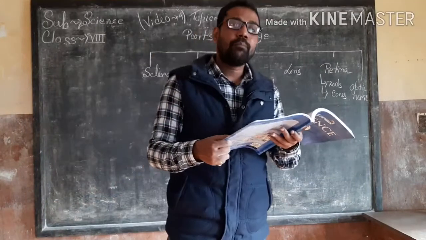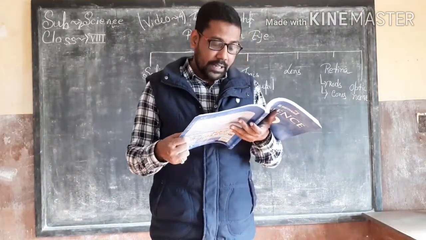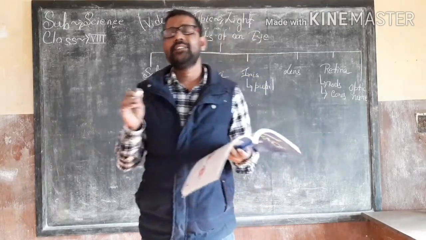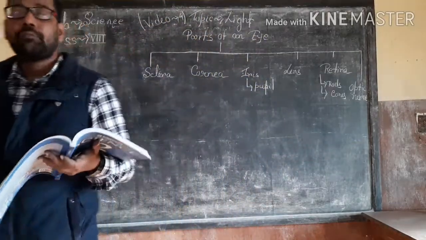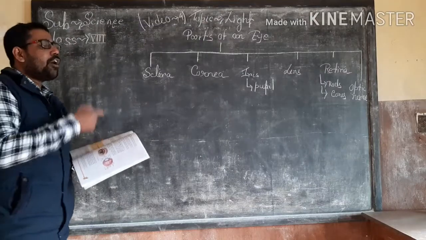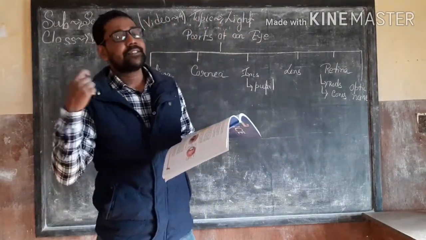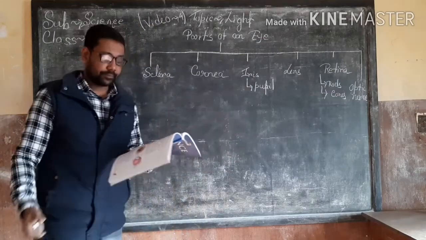They carry the optical message in the form of electrical signals to the brain. So what is the function of this optic nerve? It carries the optical message in the form of electrical signals to the brain.